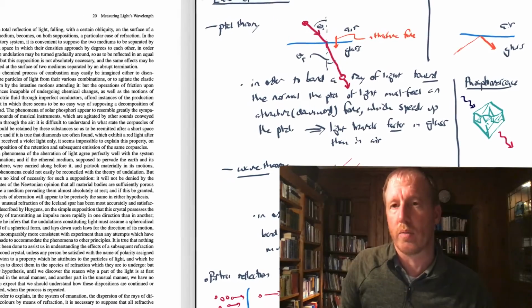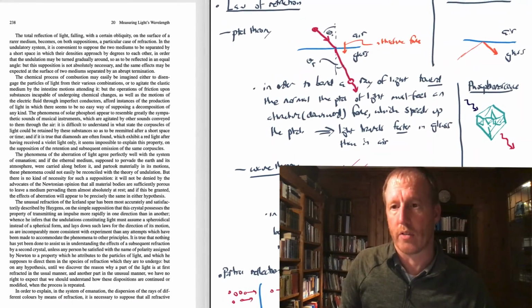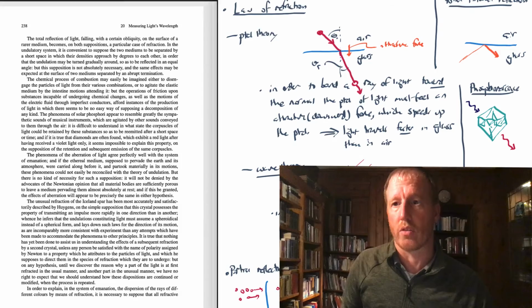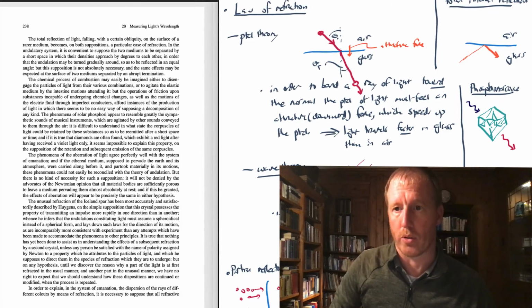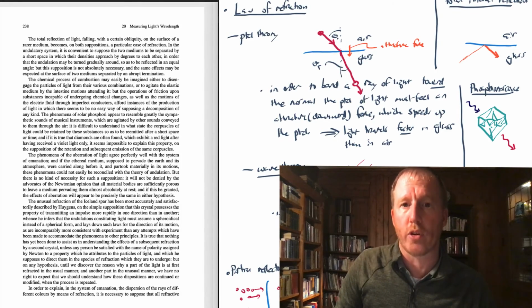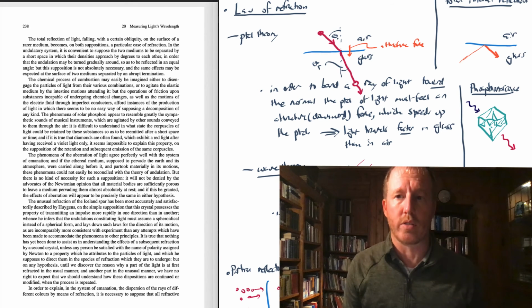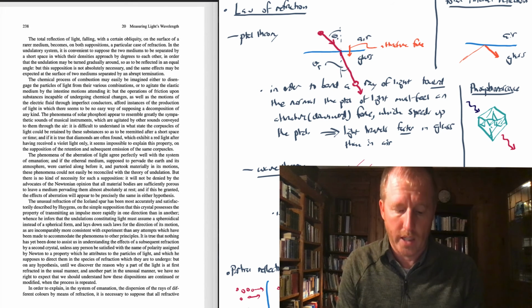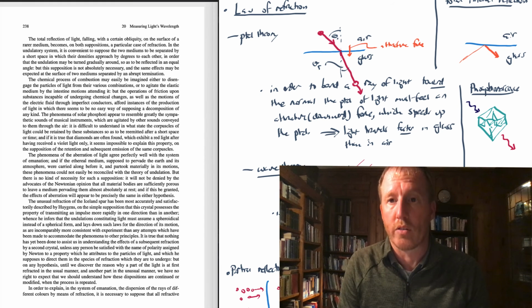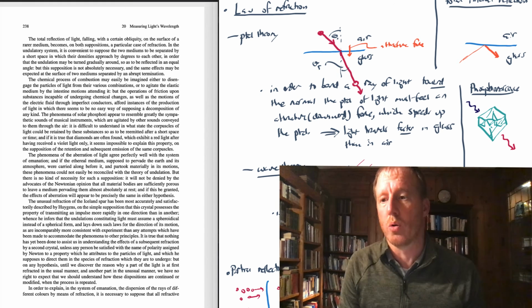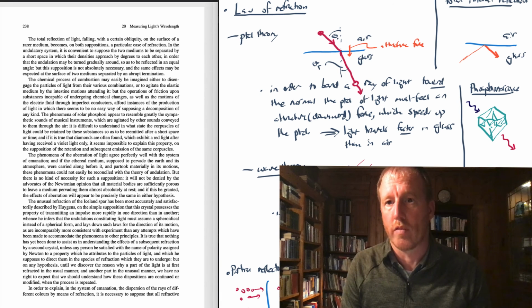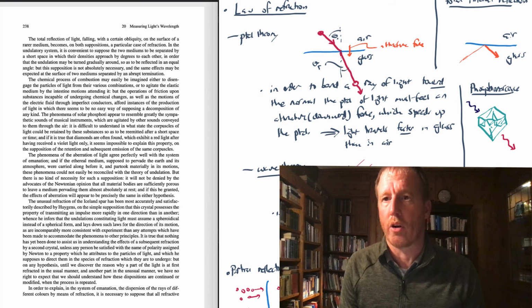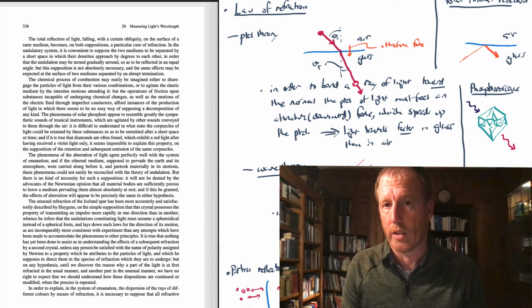And Young doesn't seem to take that as seriously as he perhaps should, because Young seems to think that this cannot be explained by the particle theory of light. And rather the wave theory of light, he kind of in an offhand way says, can explain it using the phenomenon of sympathetic resonance. This is something where when you strike a guitar string and it makes a note, it can make another guitar string vibrate at the same frequency, but apparently they can sometimes vibrate at harmonics or slightly different frequencies.